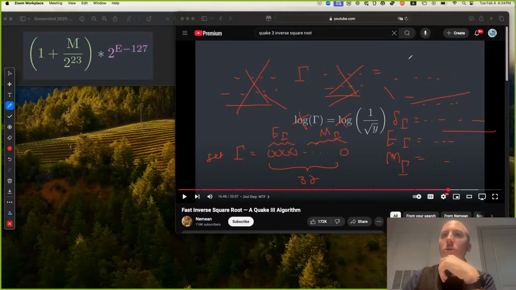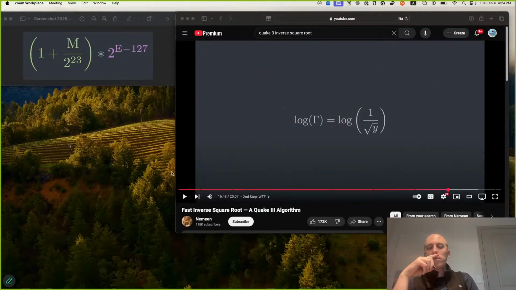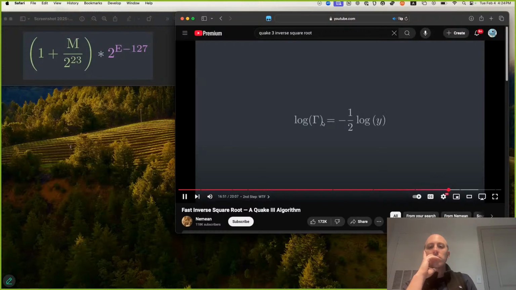So if you have gamma is equal to this, then you know that gamma is equal to the representation of it on the computer, which equals minus 1/2 times log of y.